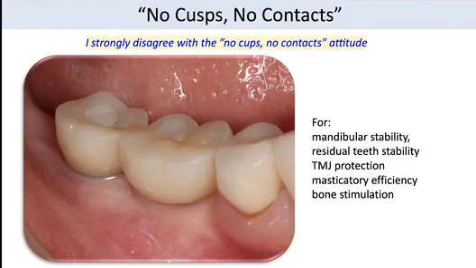I want masticatory efficiency. I want bone stimulation, and you can have better bone stimulation with good occlusal function. Optimization of the occlusal function is probably a good way to increase the success of the treatment.